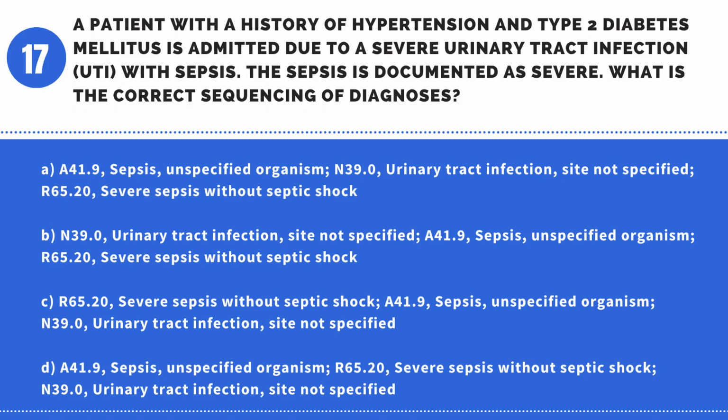C. R65.20, severe sepsis without septic shock, A41.9, sepsis, unspecified organism, N39.0, urinary tract infection, site not specified. D. A41.9, sepsis, unspecified organism, R65.20, severe sepsis without septic shock, N39.0, urinary tract infection, site not specified.